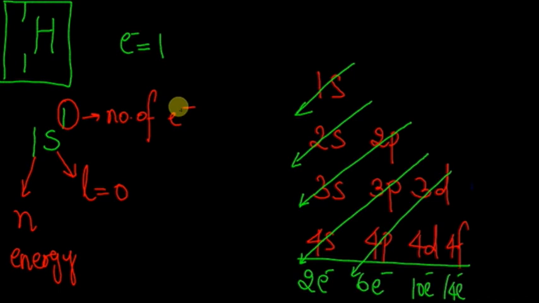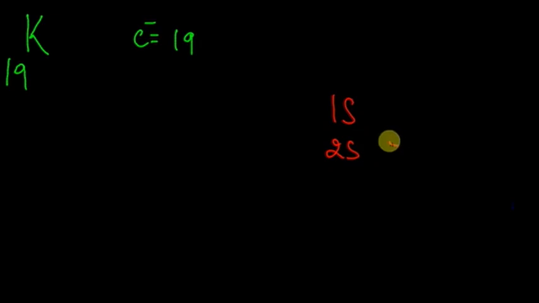Now let us try writing the configuration for higher atoms. Taking the element potassium with atomic number 19. Since the atom is neutral, potassium also has 19 electrons. So let us write the orbital layout. First is 1s, then 2s, 2p.